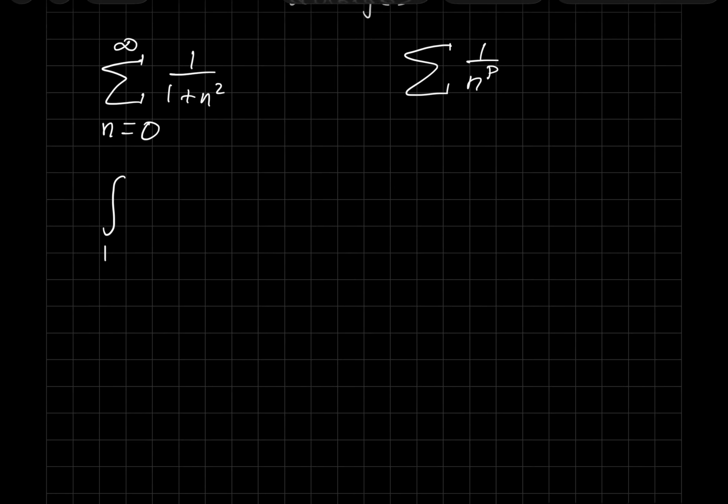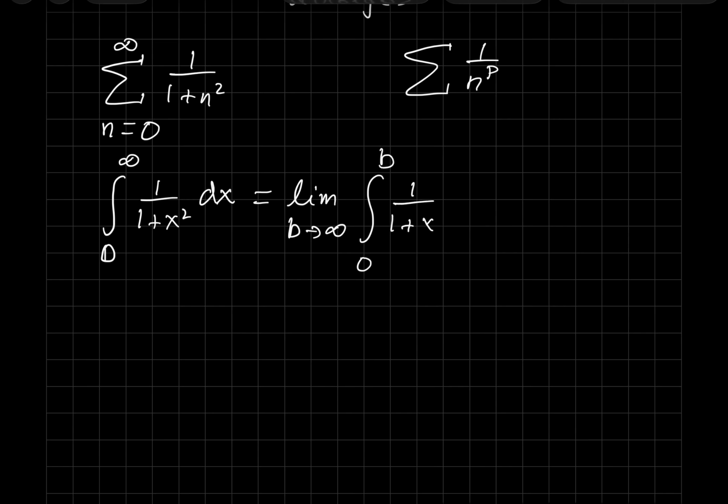Let's look at the integral from 0 to infinity of 1 over 1 plus x squared dx. And I will do the technicalities here. The limit as b goes to infinity of the integral from 0 to b of 1 over 1 plus x squared dx. Let's find the antiderivative of this.